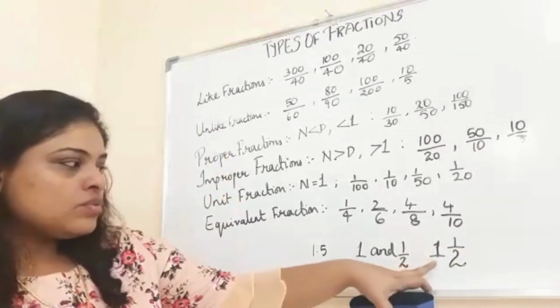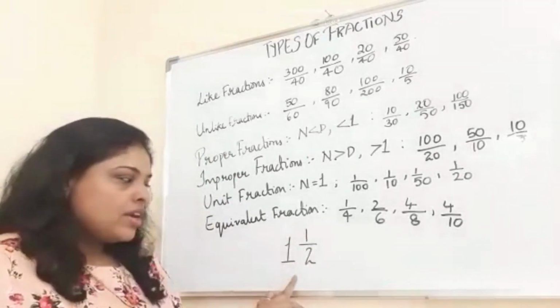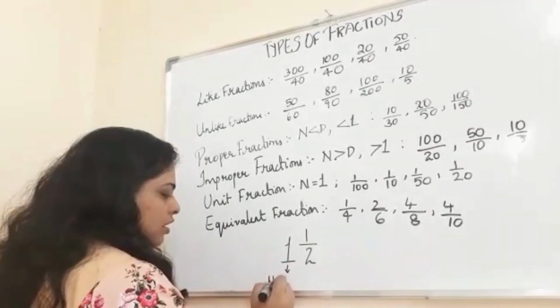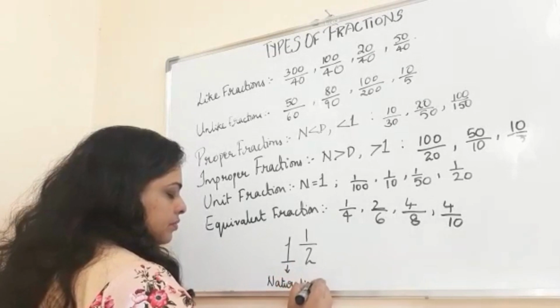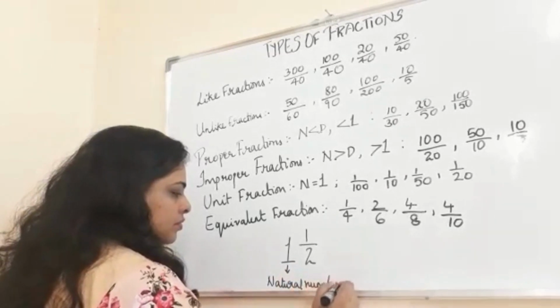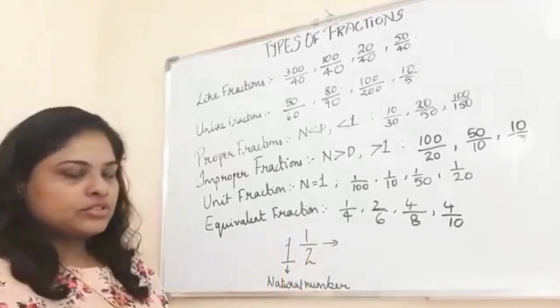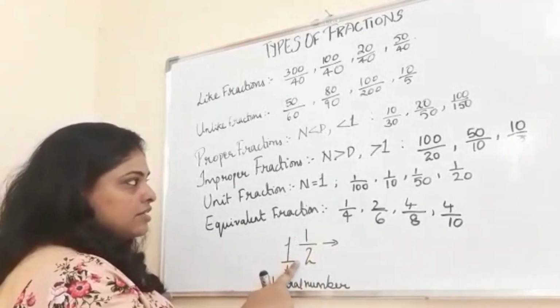So do you find this? 1.5. I wrote 1.5. So 1 becomes a natural number. And this half becomes what kind of fraction? This half. Numerator is lesser and denominator is greater.